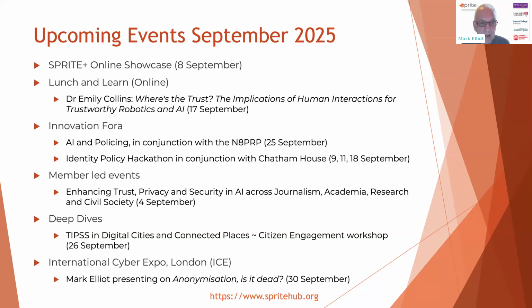We have member-led events. We've currently got 1,200 members in our network, and members can propose events and then organise them in various locations across the UK or online. And this one's on AI and journalism, happening tomorrow.